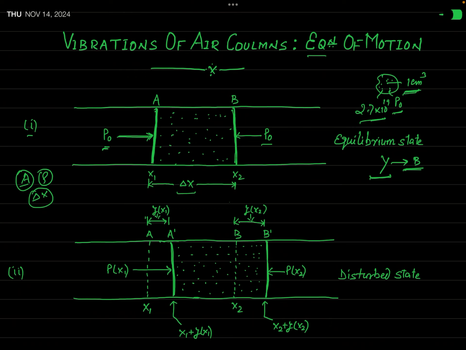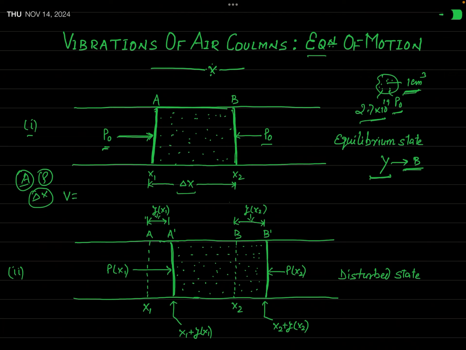Now, consider the volume of this slice or element AB in the undisturbed, equilibrium state. What will that volume be? You can easily see volume is simply equal to area of cross section times length.